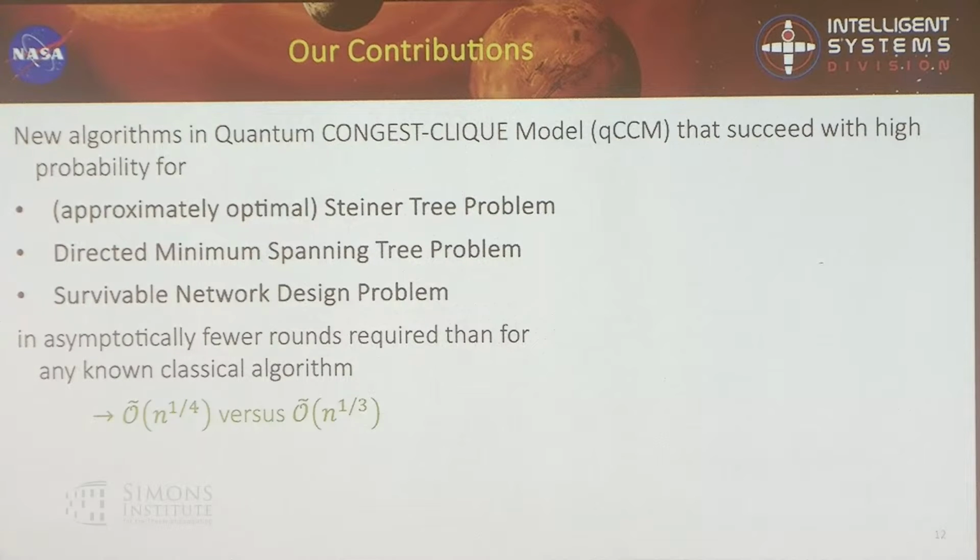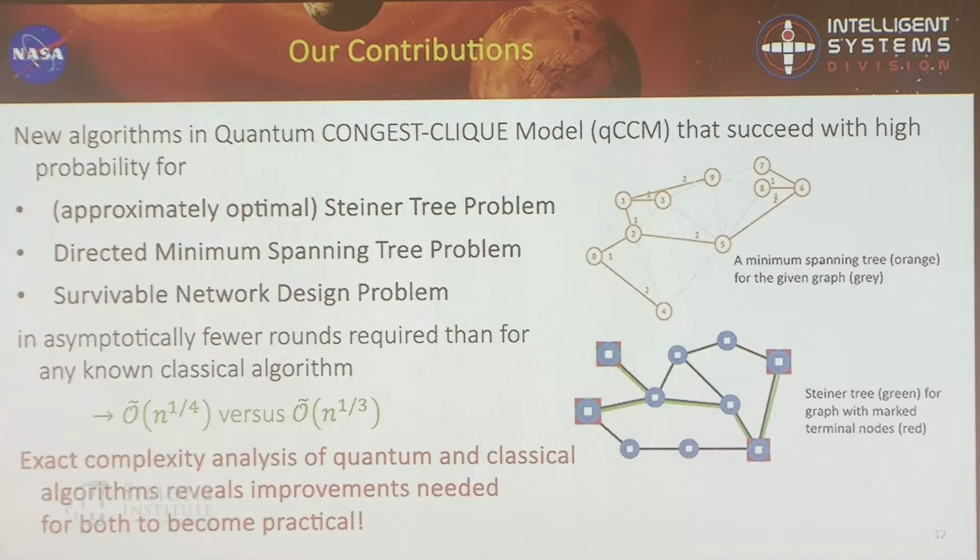It's a small improvement in the number of rounds, but it's provable against the best known classical approaches. People neither in the classical case nor in the quantum case had done an exact complexity analysis, and so we're going to do that as well.